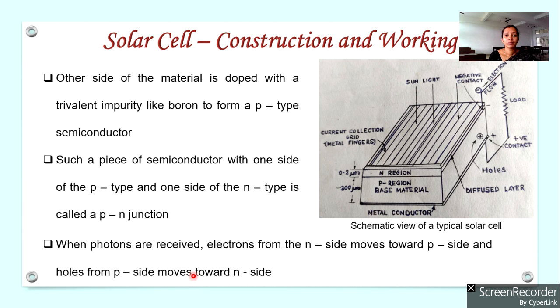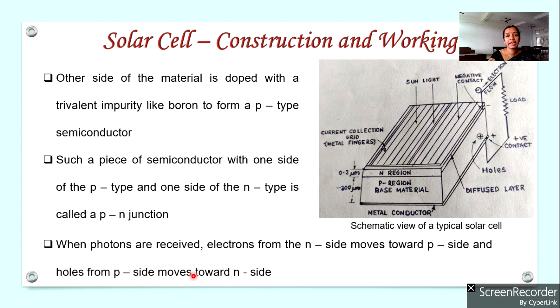When the solar cell is exposed to sunlight, it will receive photons. Photons are packets of energy. When photons fall on this PN junction diode, what will happen? There are free electrons on the n side. These free electrons, on absorbing solar radiation, are excited from the valence band to the conduction band, so they become conducting electrons.